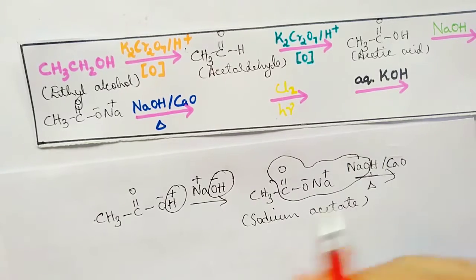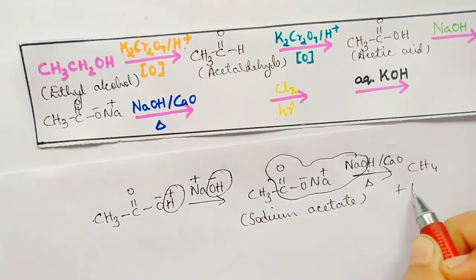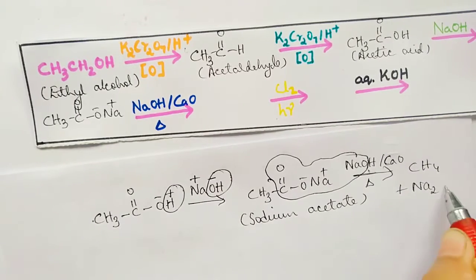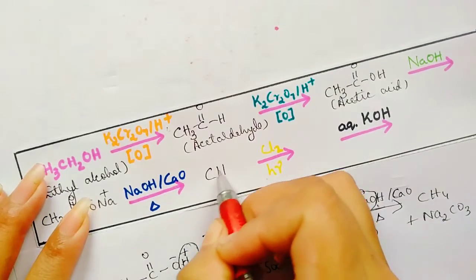Now this hydrogen combines with this one to give methane. So you get methane, and you have here Na2CO3.